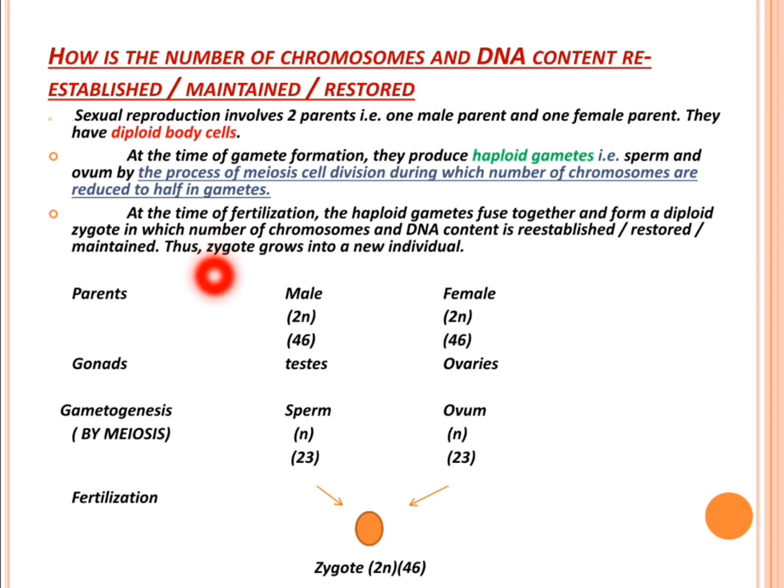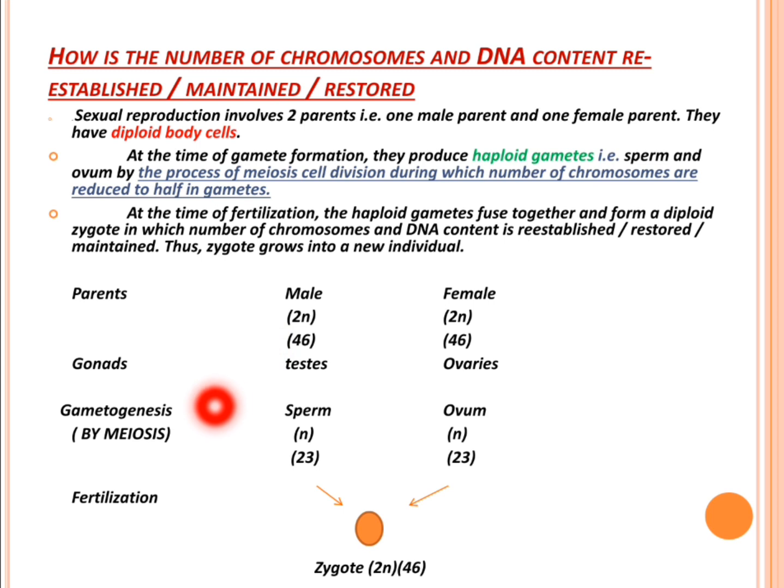Let us see with the help of this flow chart that male parent and female parent have diploid body cells, which is represented by 2n. For example, in human males and females, diploid body cells contain 46 chromosomes in their nuclei.